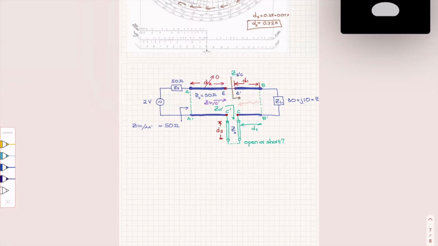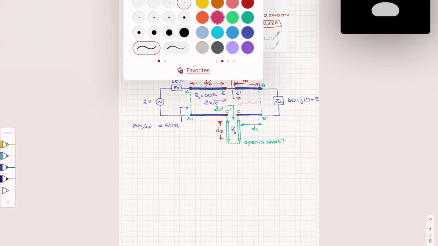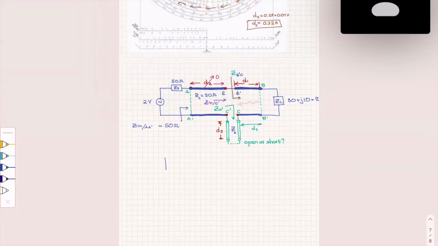If I make D2 go to 0, then here is what I have. I have my initial voltage source, and then I have 50 ohms here.